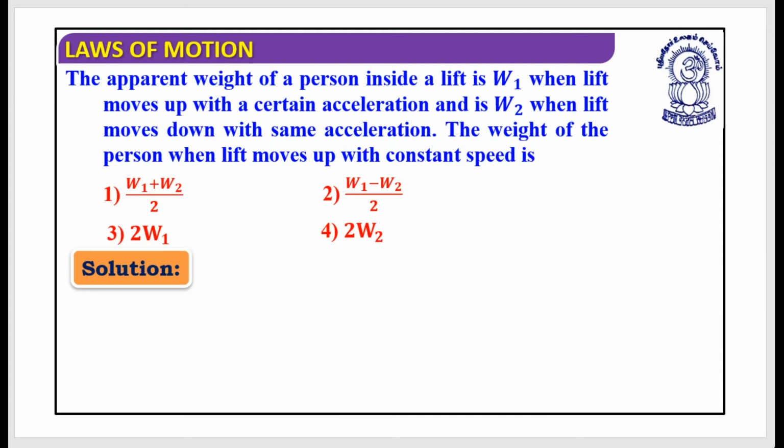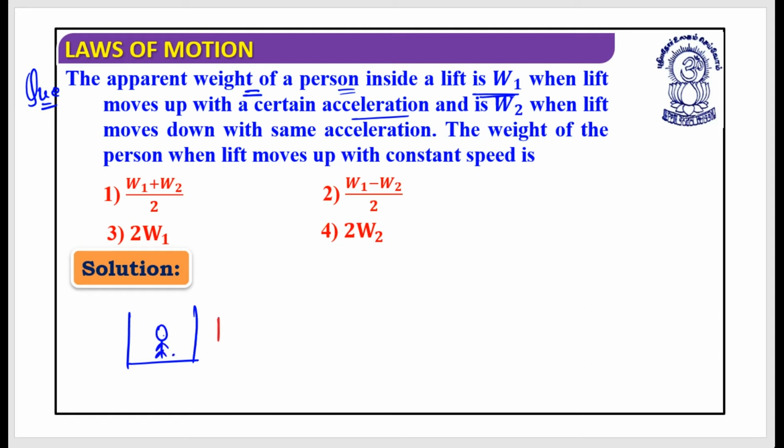What does it say? Yes, it says that again the concept of apparent weight. It says that the apparent weight of a person inside a lift is W1 when the lift moves up with a certain acceleration. Great. So the situation is something like this.